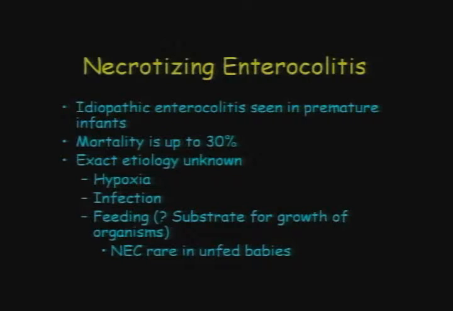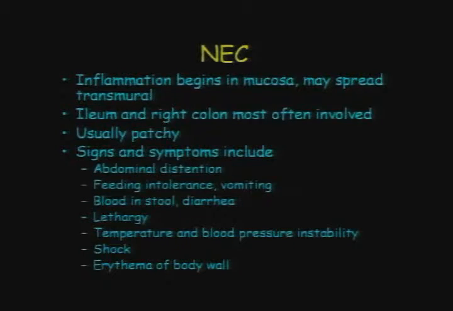It may be that the feeding gives a substrate for the bacteria to grow with. The inflammation begins in the mucosa but can spread through the bowel wall. It's most often in the right lower quadrant, ileum, and right colon, but it can be anywhere. It's usually patchy, and there are a variety of signs and symptoms, anything from abdominal distention to a shocky baby.